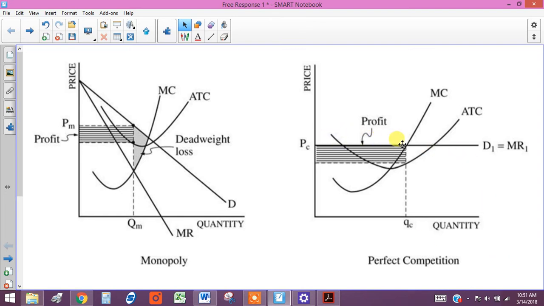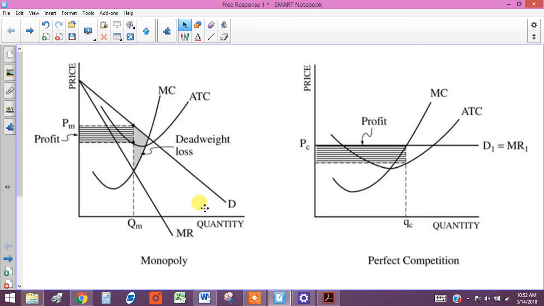Now, the opposite is true for a firm that's in perfect competition, because what's going to happen over time is more firms are going to come into the market, because there's profit to be had here, and as more firms come into the market, that's going to drive the price down. Because if you think about what the actual market looks like, you're going to have a demand curve that is downward sloping.